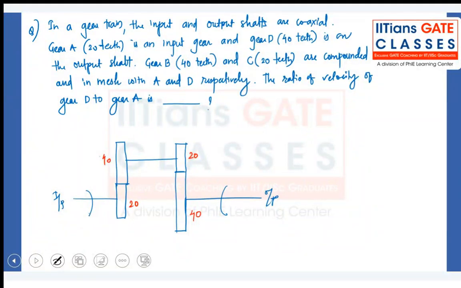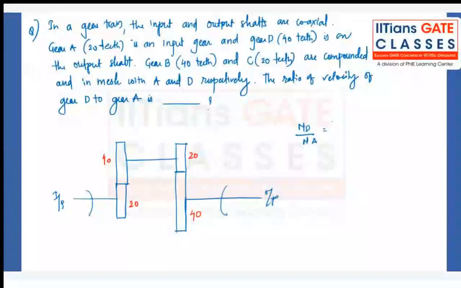Then of course the velocity ratio, ND by NA, velocity of the driven gear to that of the driving gear. A reverted gear train is a compound gear train, so whatever formula you apply for the compound gear train, you apply here.